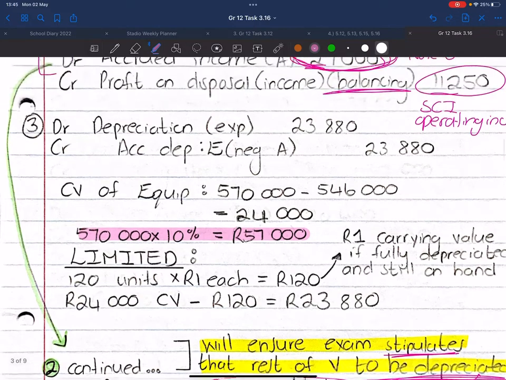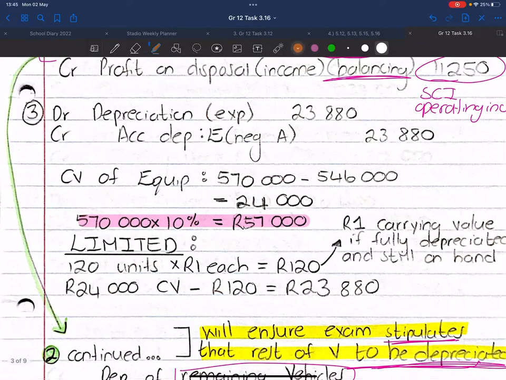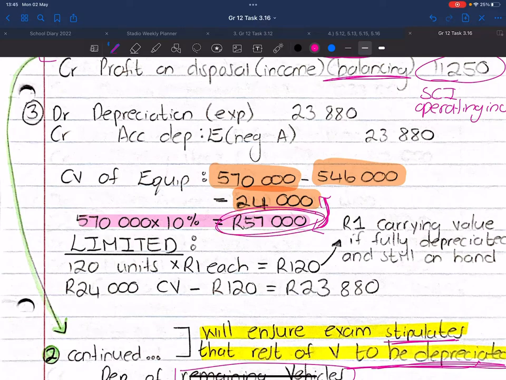But if we work out the carrying value of all the equipment we had at the beginning of the year, you take your cost price minus your accumulated depreciation, and we have a carrying value of 24,000. So the issue comes in, we cannot account for the full depreciation of 57,000 when we only have 24,000 rands worth of equipment left.